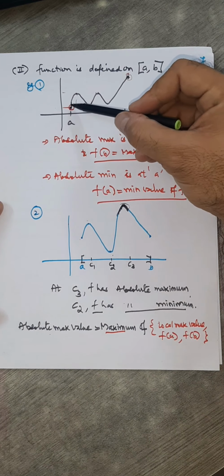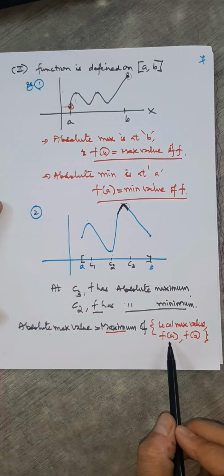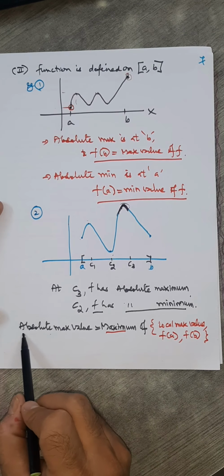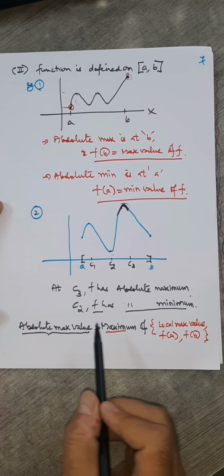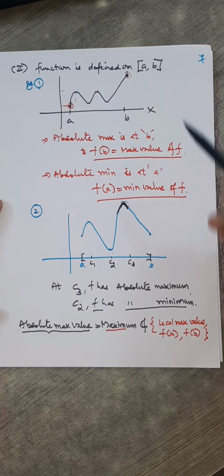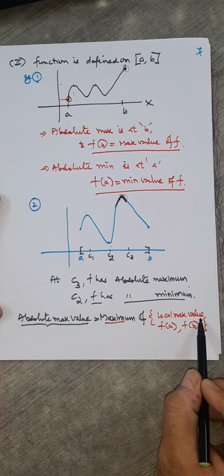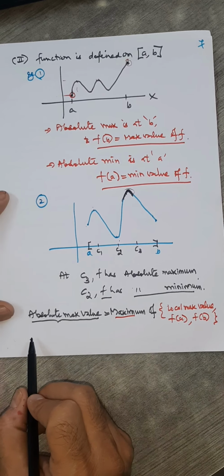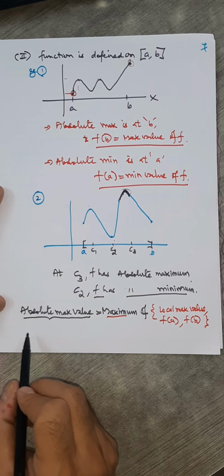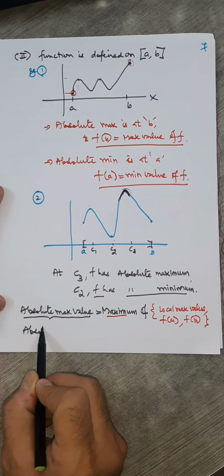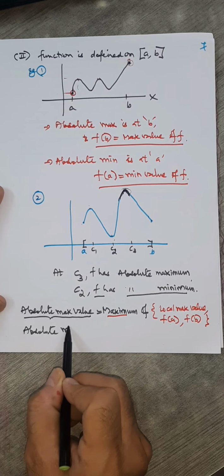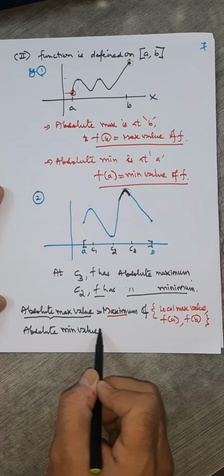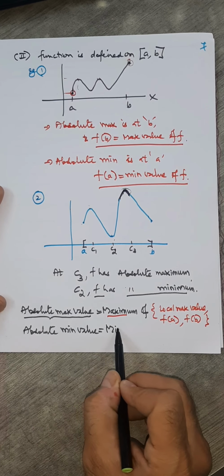Sometimes it is quite possible that a graph is like this. So I need to take f of A also. So for the absolute maximum value, when the function is defined on the closed interval, you take all local maximum values and the two endpoints. And the same way here, absolute minimum value equals, now we are going to take what?